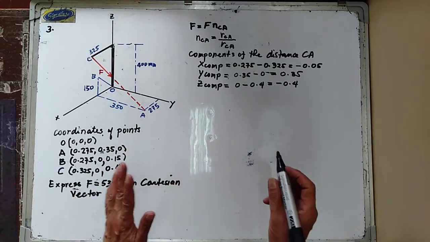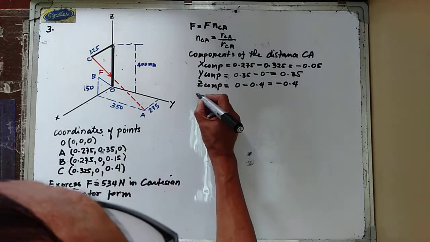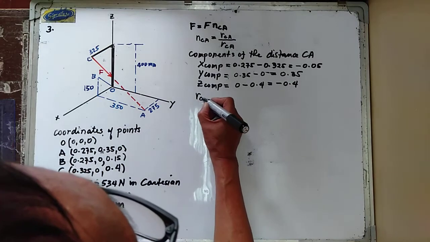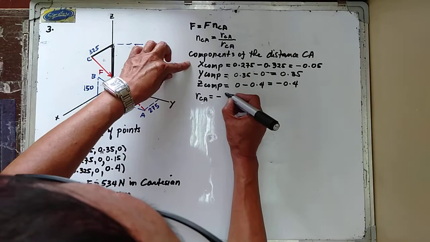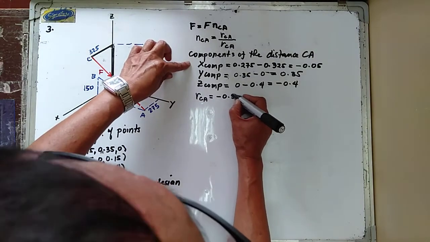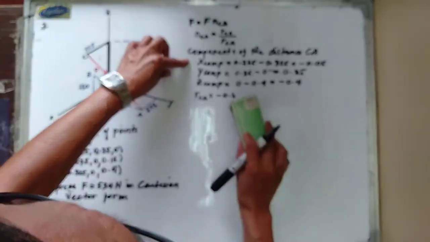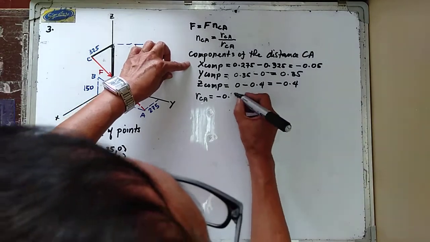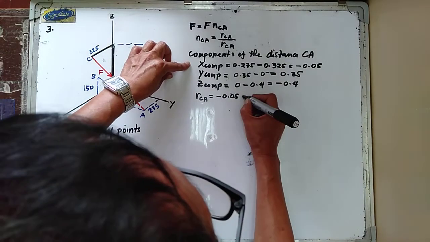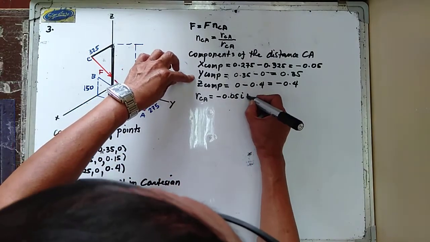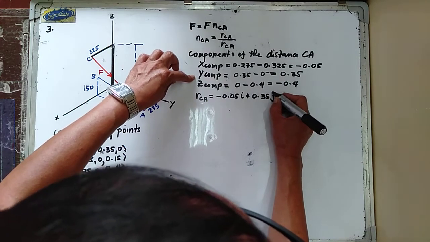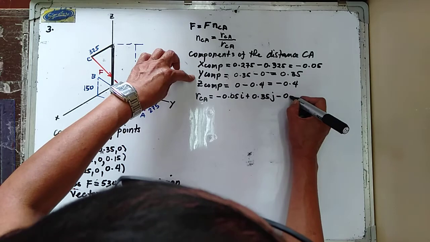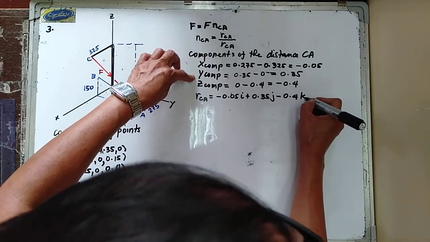We now have the components of the distance CA. Hence, the vector distance CA is equal to negative 0.05 i plus 0.35 j minus 0.4 k.